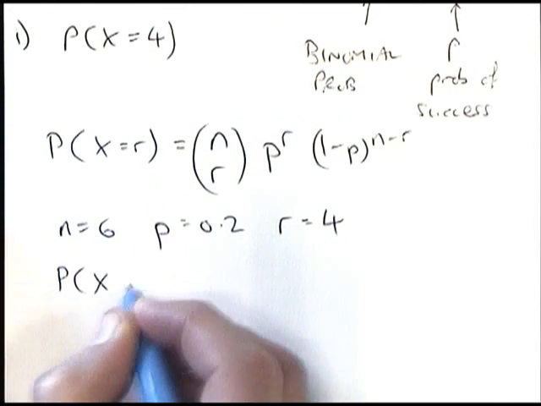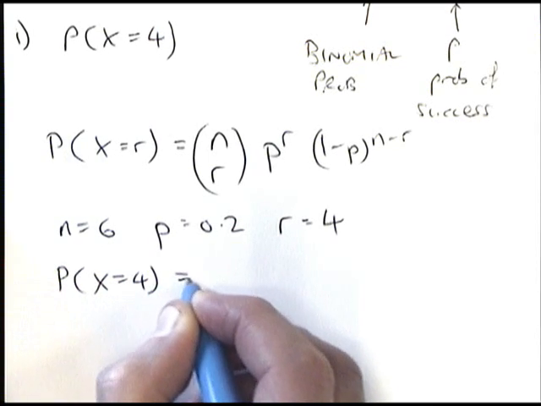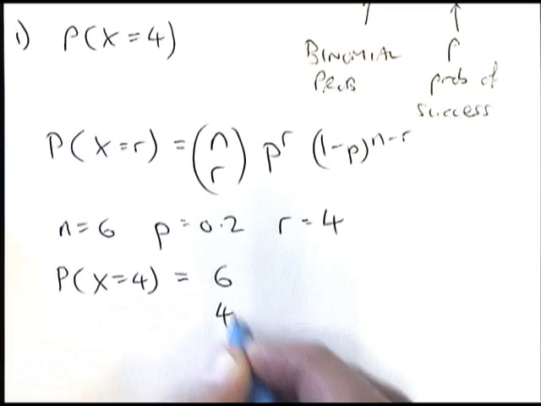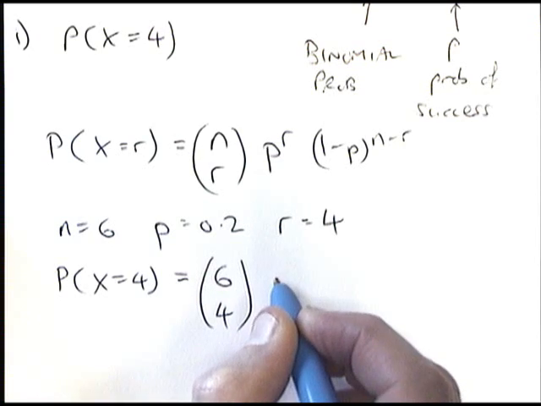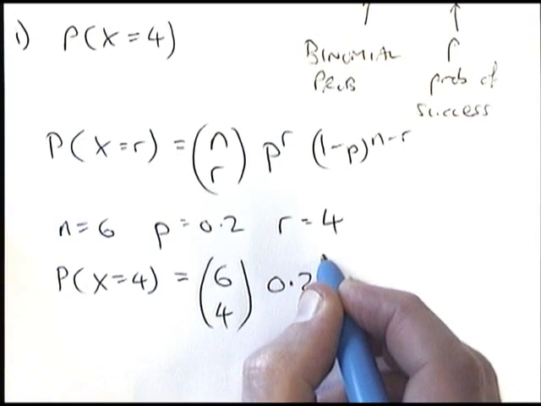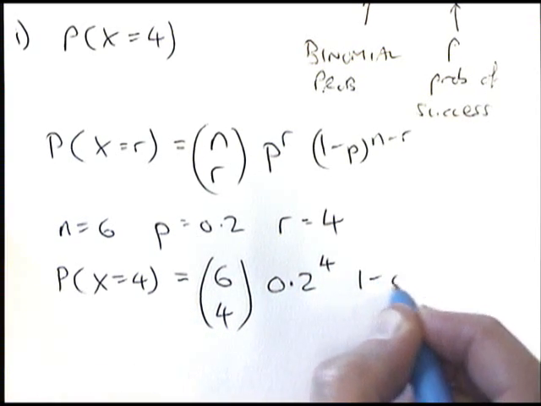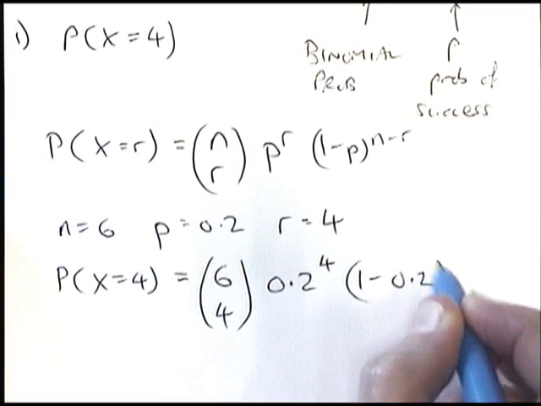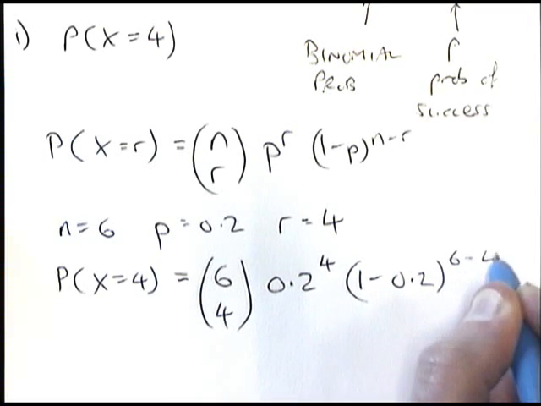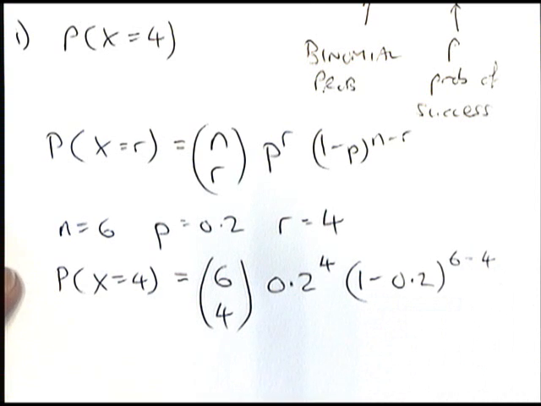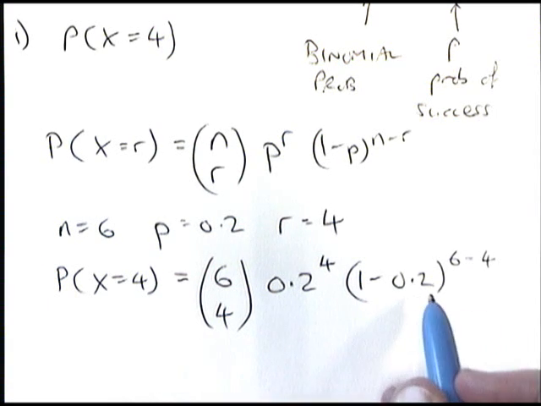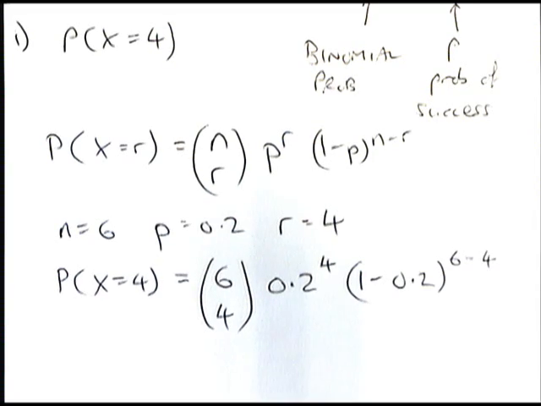We're working out the probability X is equal to 4, and it's n choose r, p to the power of r, (1 minus p) to the power of n minus r. So we've got here 6 choose 4, 0.2 to the power of 4, and 0.8 to the power of 2. Then it's a case of typing that in your calculator.